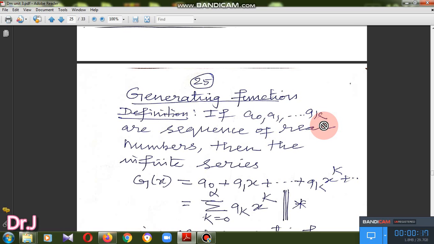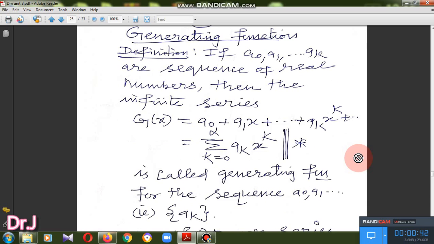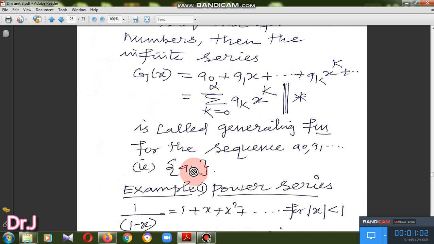If a0, a1, a2, ..., ak are a sequence of real numbers, meaning all the numbers 1, 2, 3, 5, minus 10, 100, thousands like that, then the infinite series g of x equals a0 plus a1 x plus ... plus ak x power k plus ... In short form, the summation of k from 0 to infinity of ak x power k is called the generating function of the sequence a0, a1, a2, a3, ..., or shortly saying ak.